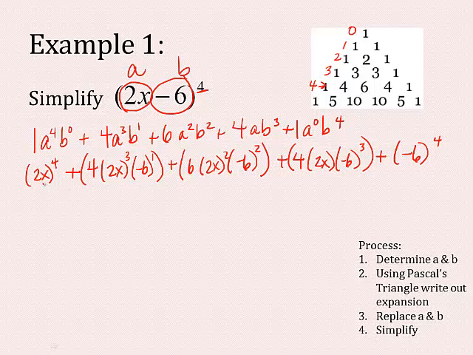Now I start doing computations. 2 to the 4th power is 16x to the 4th plus, alright, remember do exponents first. 2 cubed is 8. 8 times 4 is 32. And 32 times negative 6 is negative 192, and x cubed. Alright, exponents first. Remember, 2 squared is 4. Negative 6 squared is 36. So I've got 4 times 36 times 6.